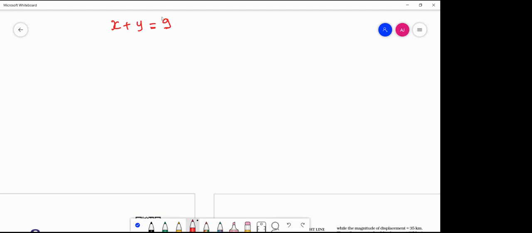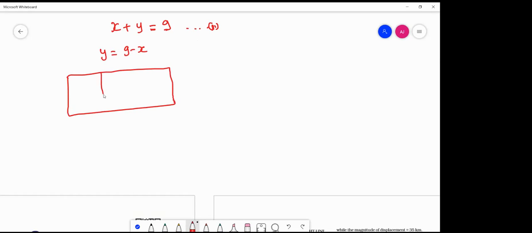Now suppose this is an equation which you already know. If you want to find different solutions of this equation, what you can do is write y in terms of x. So y equal to 9 minus x. Now put different values of x to get different values of y.